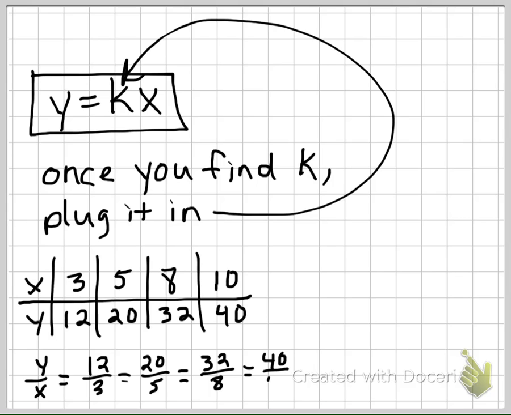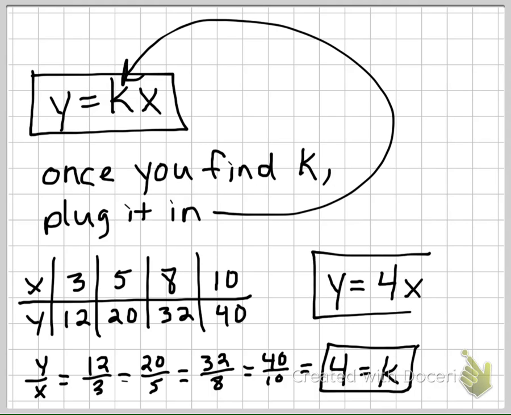When I divide all of these, I get 4. So k equals 4. But this time I want to write the equation, so I plug the 4 in where the k goes, and the equation for this table is y equals 4x.